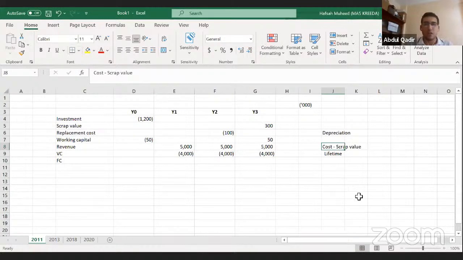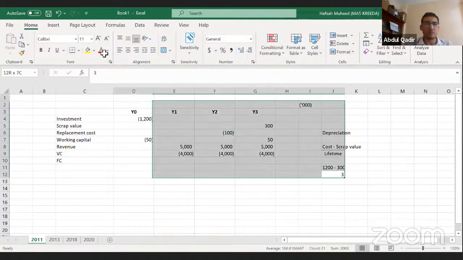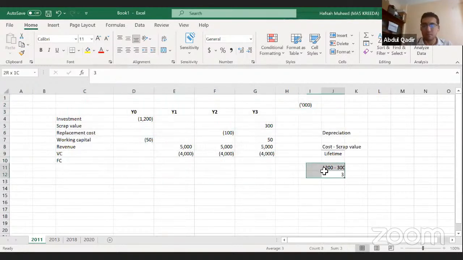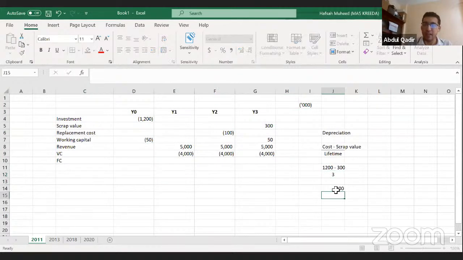So your cost is basically how much? 1,200. Your scrap value is 300. You will divide it by 3 years, right? So 1,200 minus 300 is 900. 900 divided by 3, that gives you an answer of 300, right?